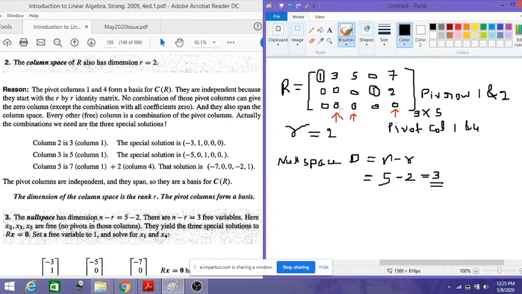We can also relate this to the number of free variables. So we have 3 free variables or 3 free columns. In terms of variables, the first column is x1, the second column is x2, third column is x3, then x4 and x5.